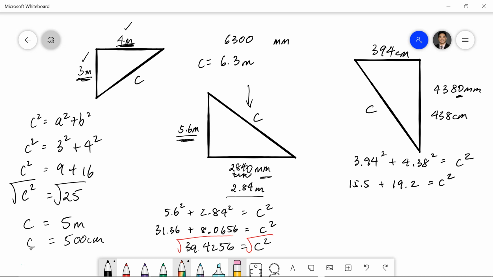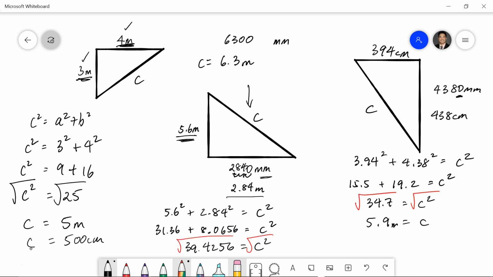So 15.5 plus 19.2, you could see that the value is already much smaller. 34.7 is equal to c squared, and then we want the square root of that, which gives us 5.9 is equal to c.